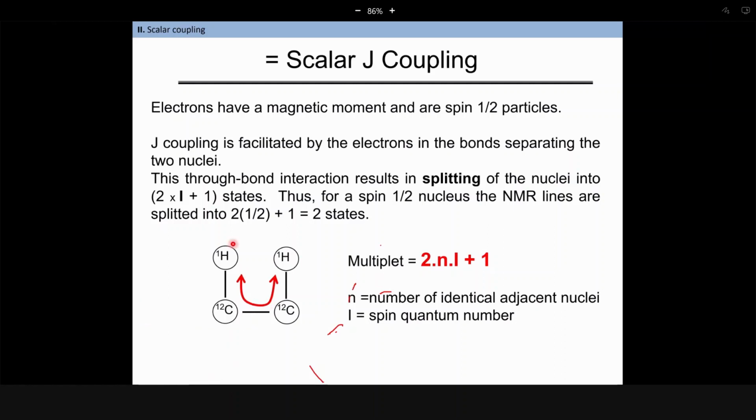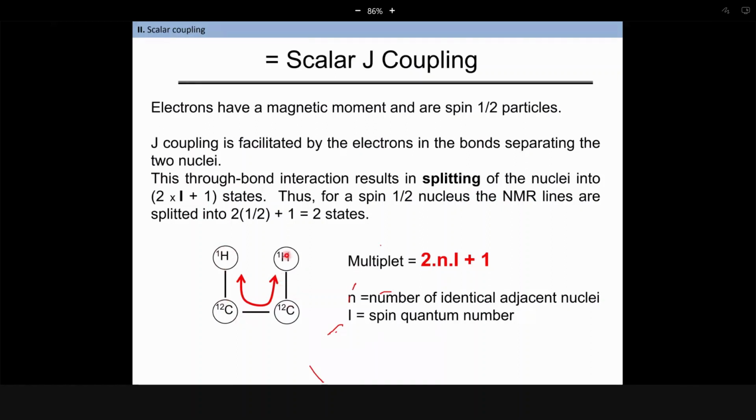We have two protons. This is CH. And as the protons are closely related because they are on two carbons linked together, we say that this proton is coupled to that one, because the electrons of the bonds here transmit the magnetic effect from this proton to this other one.